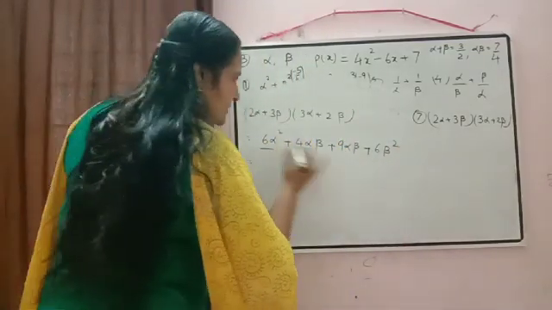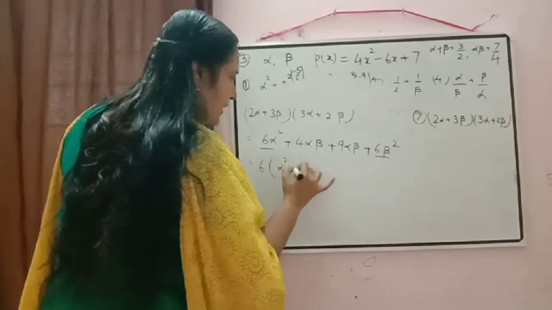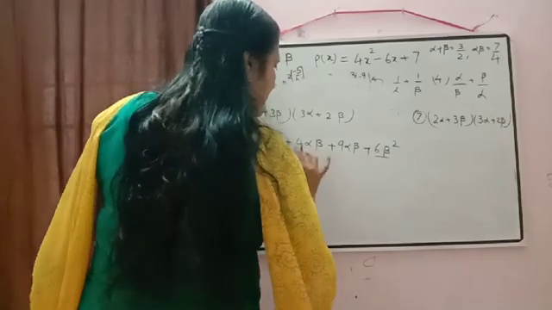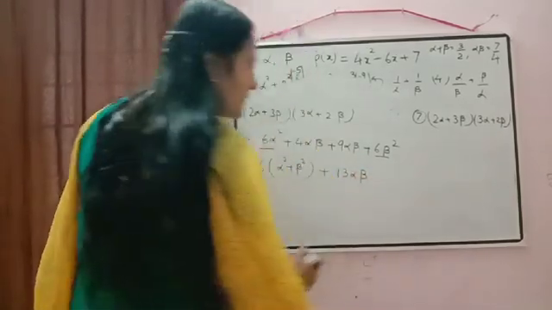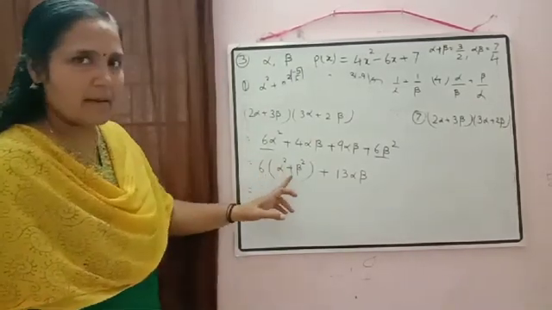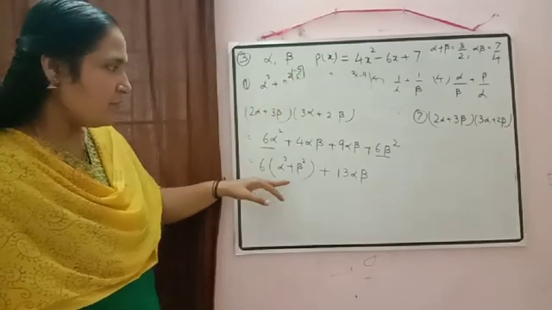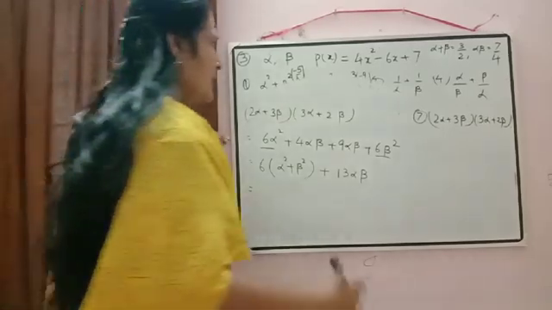Now these two, 6 is common, so 6 we can take outside. Inside the bracket what will remain? Alpha square plus beta square plus 4 alpha beta plus 9 alpha beta will be equal to 13 alpha beta. Now we know the value of alpha square plus beta square. So we can directly substitute the value. If you don't know the value, then you have to find out the value of alpha square plus beta square.